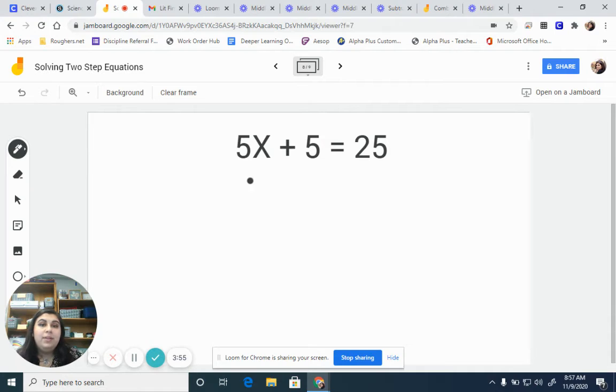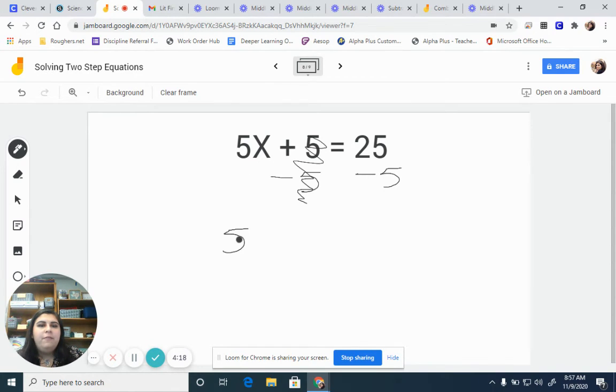Let's try it again. So I have 5x plus 5 equals 25. So what I'm going to do first is make sure that my terms are combined. They are combined. I'm going to have my letters stay on one side and my numbers on the other. So I can move that plus 5 over to this side by subtracting 5 because that is the opposite. That goes away.